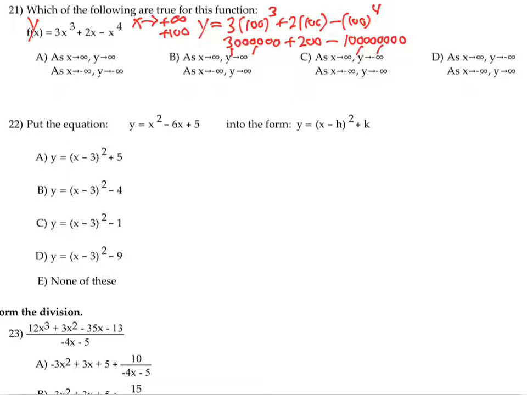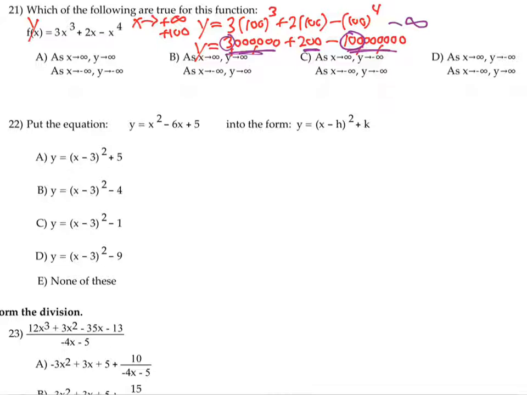Do you see that? We have y equals 3 million plus 200, that's nothing, minus 100 million. 3 million minus 100 million. Is that going to be positive or negative? That's certainly heading, y is basically going to negative infinity.